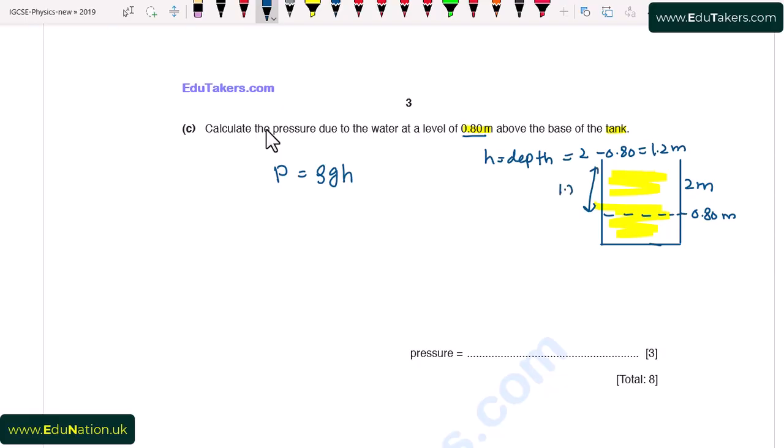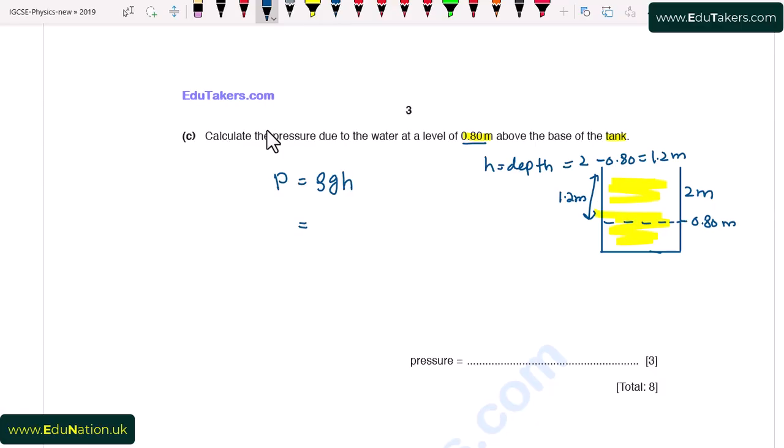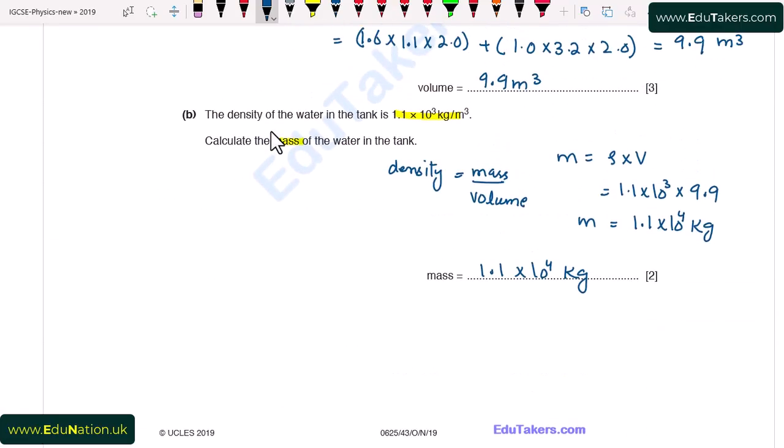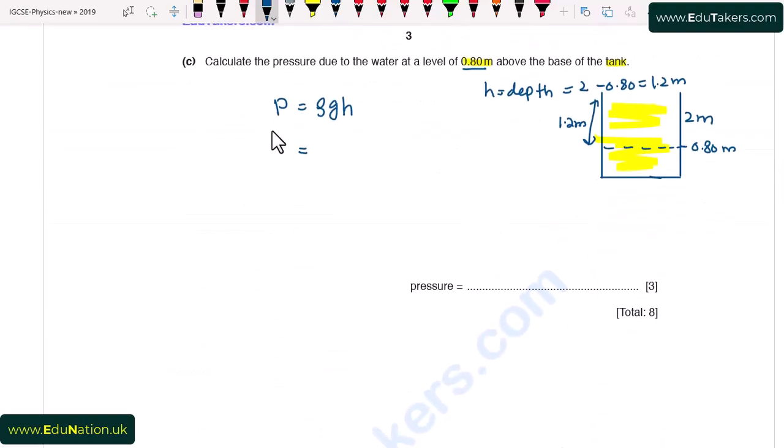By putting values, density that is given in the last part is 1.1 into 10 to the power 3. The value of g is 10, while the depth is 1.2. So the pressure comes to be 1.3 into 10 to the power 4 Pascal. So I write here 1.3 into 10 to the power 4 Pascal.